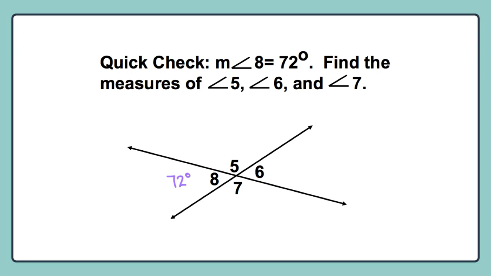Marley. So I saw the straight line and I did the half circle. Since the straight line or the half circle is 180 degrees, I did 180 minus 72, and then I got 108.